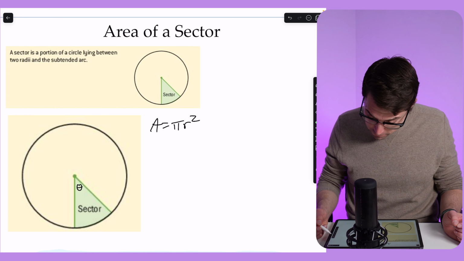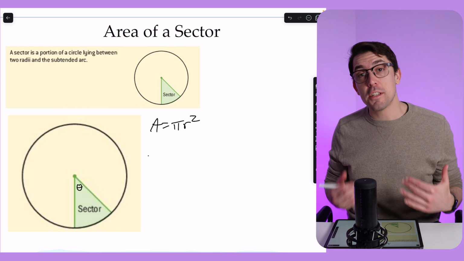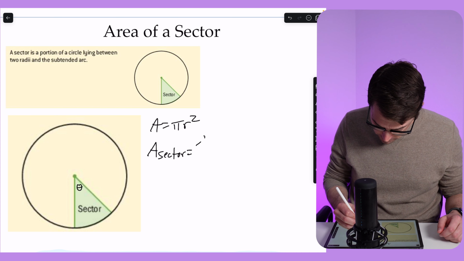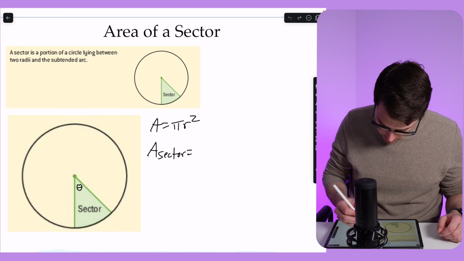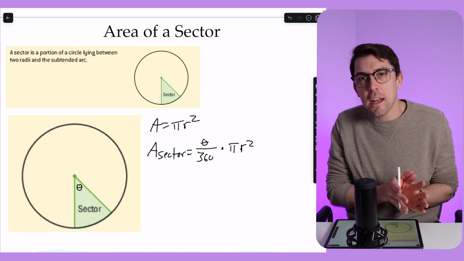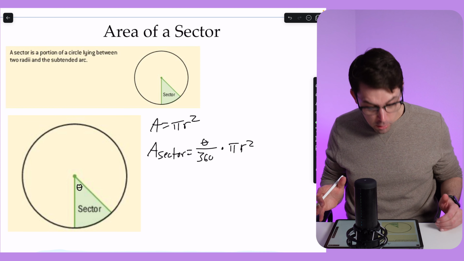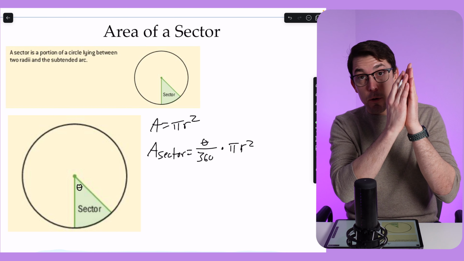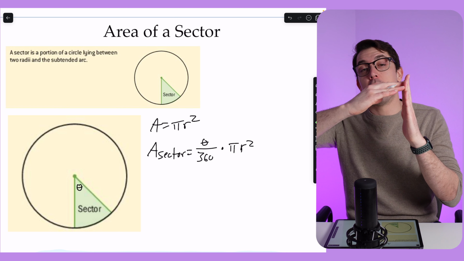So if I think of theta out of 360, I can then say that my area of the sector is going to be this angle out of 360 times pi r squared. And the reason why that works is because theta is simply going to be the angle of the rotation between where I'm starting with my first radius and where the second one is going to end.